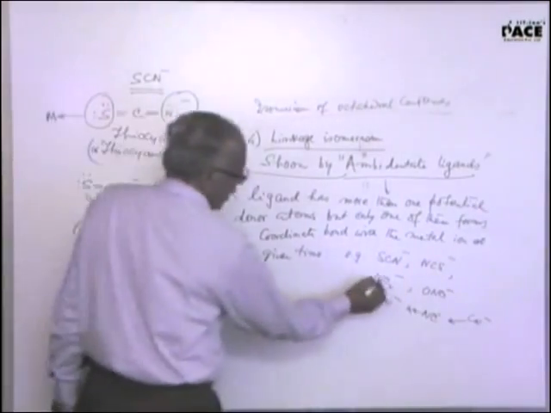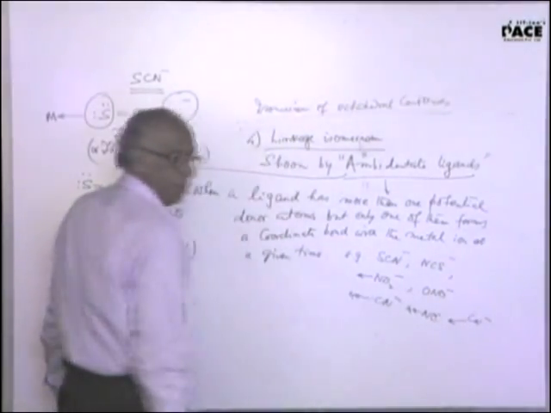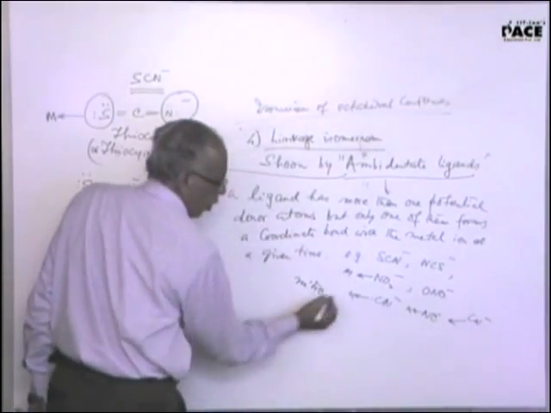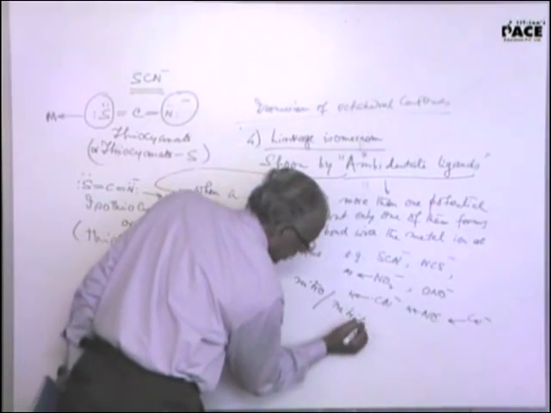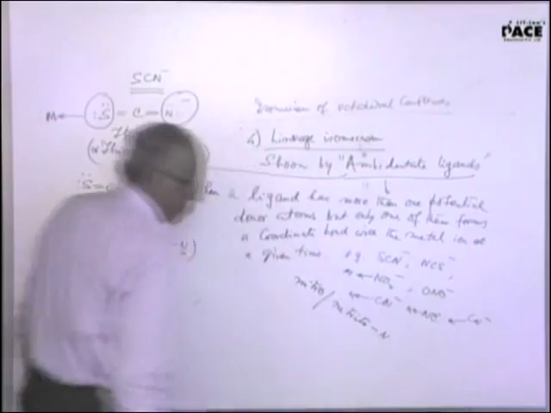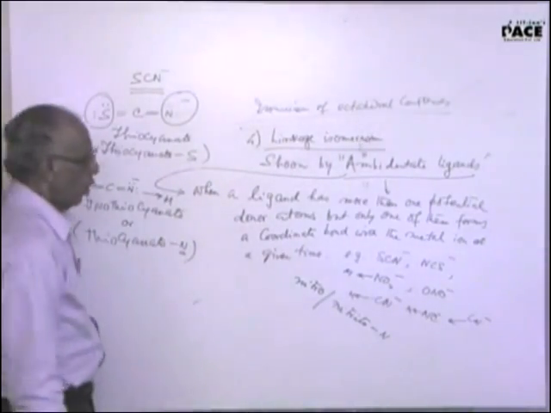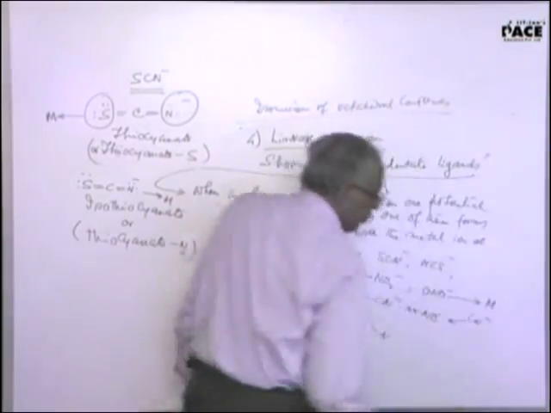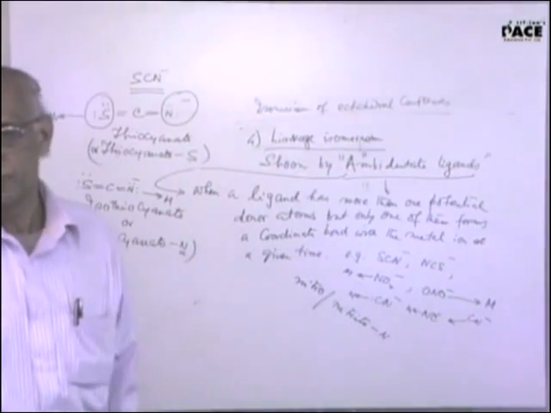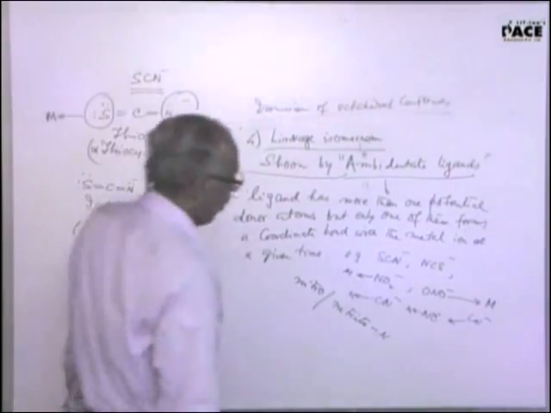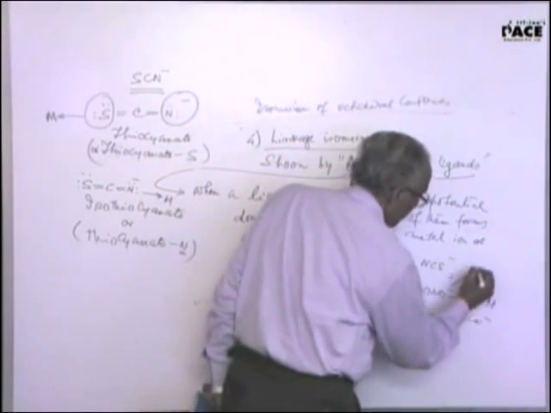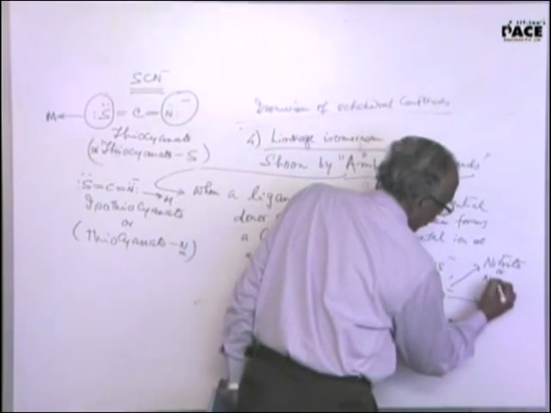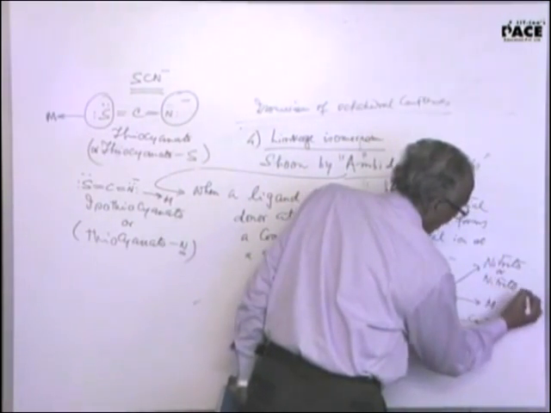Similarly, when nitrogen is bonded to the metal, it is called nitro, or nitrito-N. When oxygen is bonded to the metal, it is called nitrito, or nitrito-O.